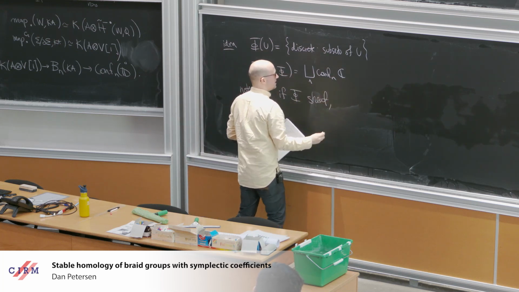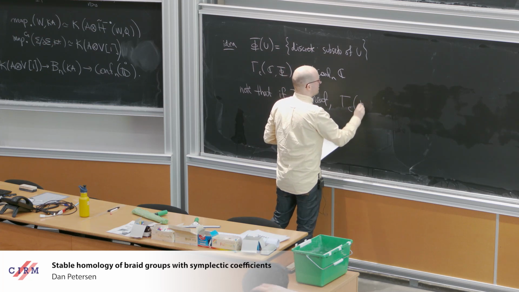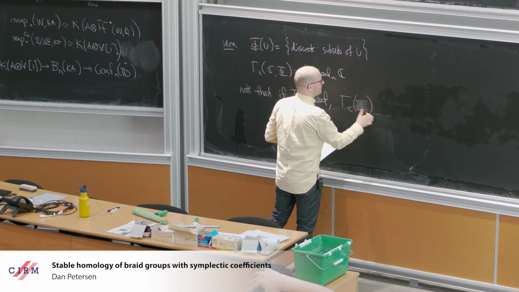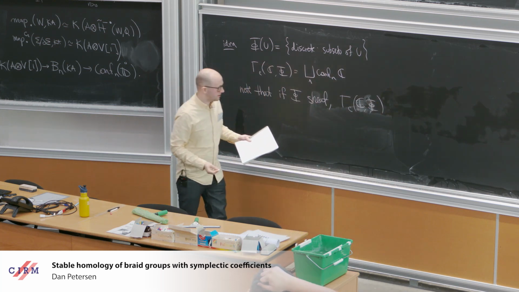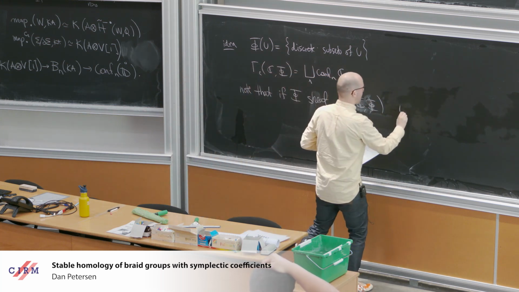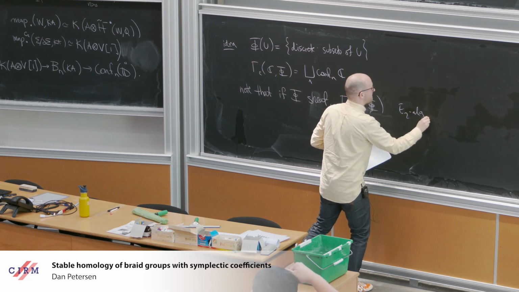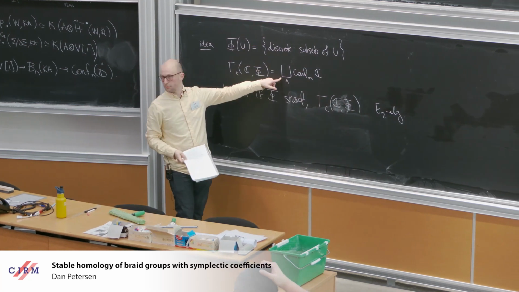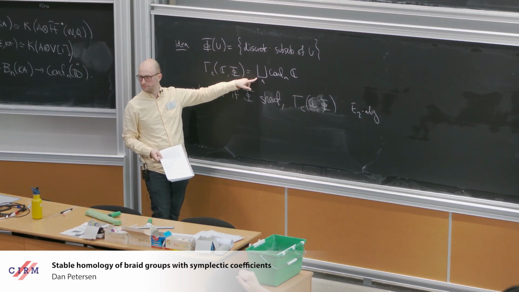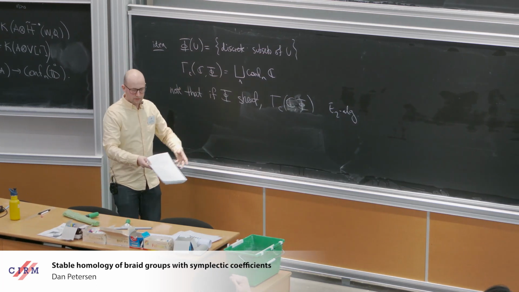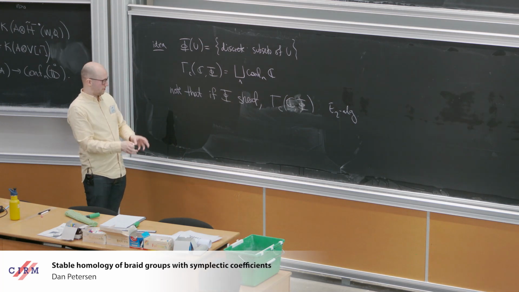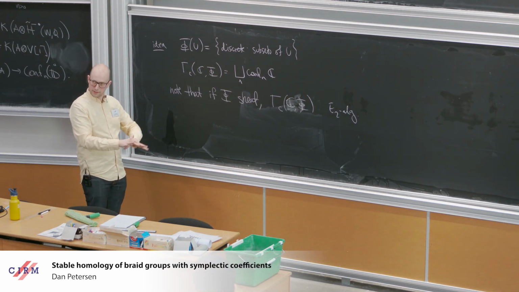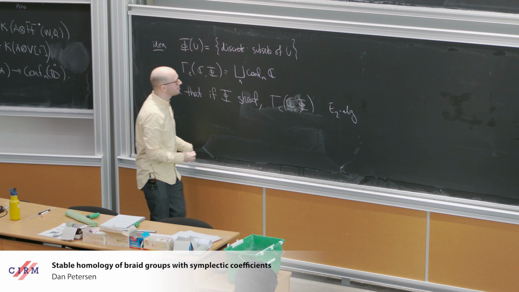So if phi is a sheaf, then compactly supported sections is an E2 algebra, in exactly the same way that this is an E2 algebra, because I have some smaller disk inside of a disk, and I have a compactly supported section in each smaller disk, and I just extend by 0.